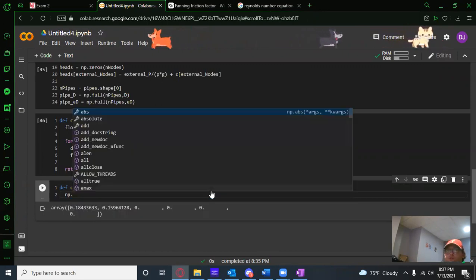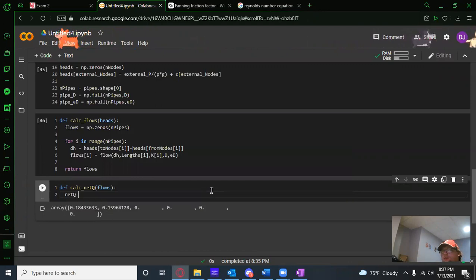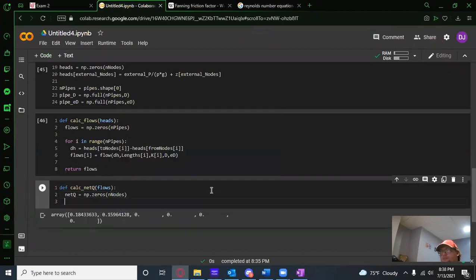Our net Q array is going to be equal to np.zeros, number of nodes. We want each one of these to be representing a node, so in net Q, the index 0 will be node 0.